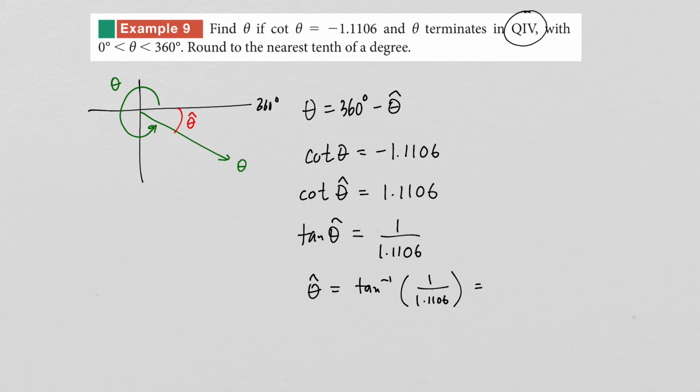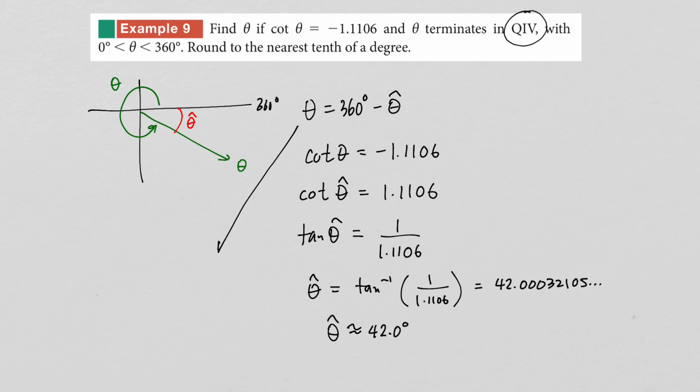And so now we just need to plug that into our calculator. So we take the inverse tangent of 1 divided by 1.1106. And when you do this, you get 42.000321105, etc. So we're going to say that theta hat is approximately 42.0 degrees.